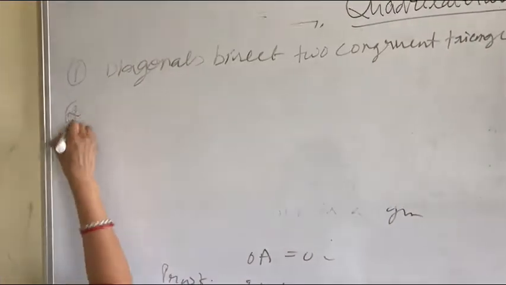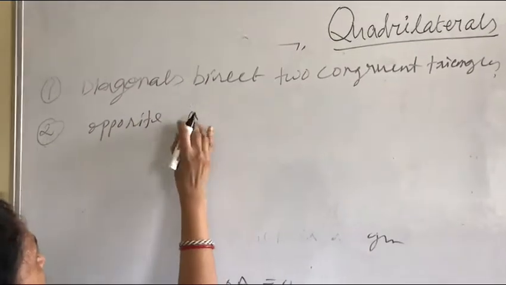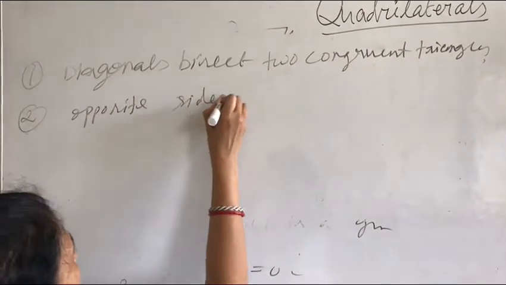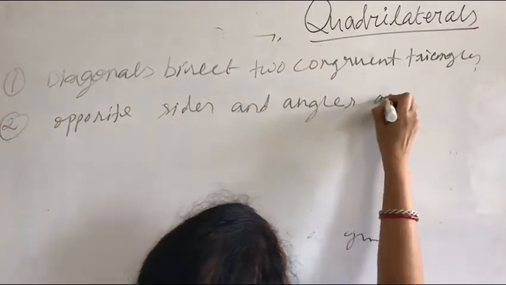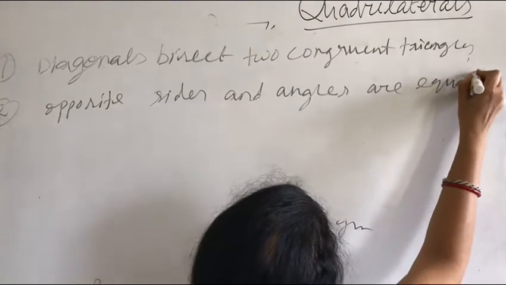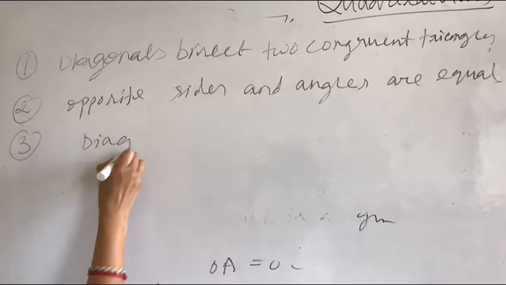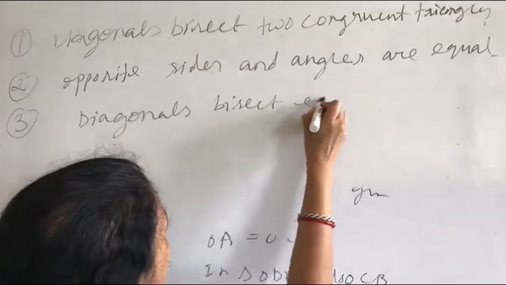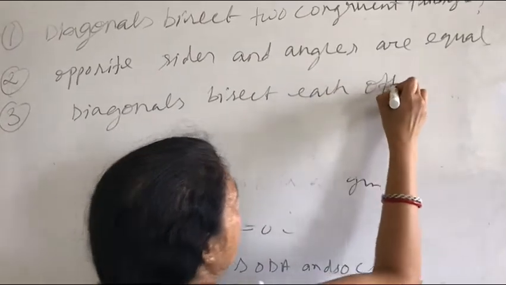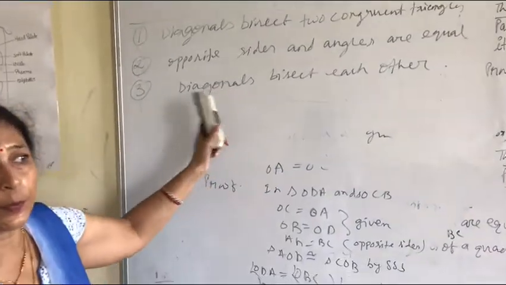Number 2: opposite sides and angles are equal. Number 3: diagonals bisect each other. These are the 3 properties of a parallelogram. Clear?